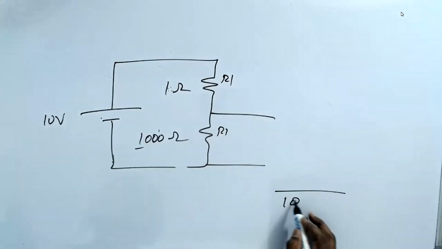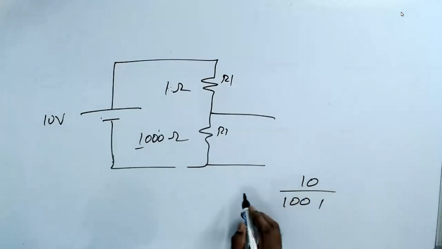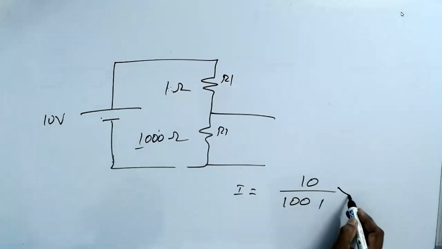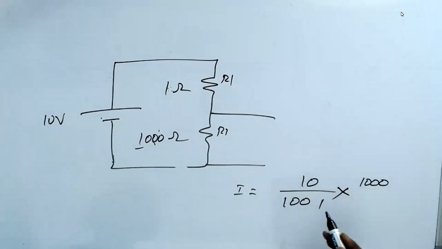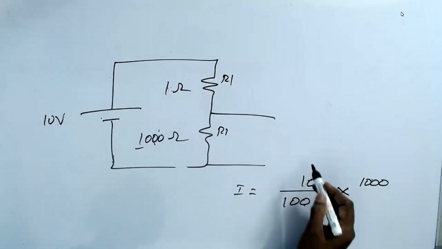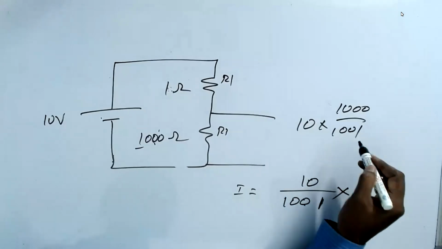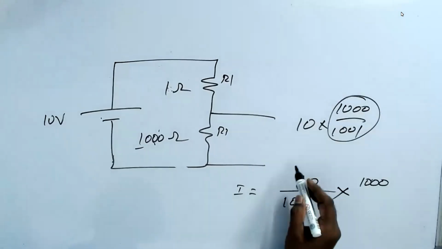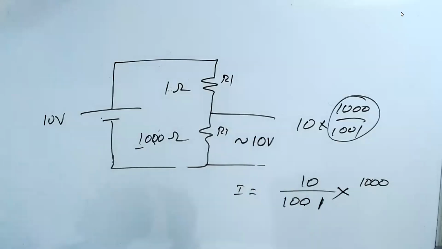So 1001, 10 volt. This is what I. So I into R is 1000. So if you do that, how much is it coming? 10 into 1000 by 1001. This is almost 1. So you can say that it's approximately 10 volt. Or you may call it 9.999 volt.